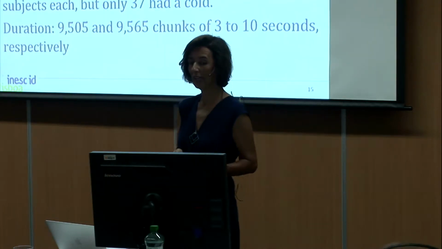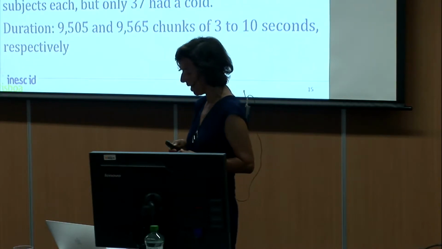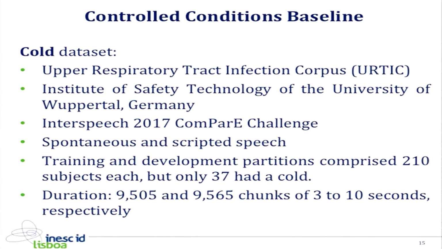We tried to get data that could be available from a challenge. In this case, it was an Interspeech challenge and an AVEC challenge. We tried two different diseases. In fact, we tried three. We tried cold, depression, and Parkinson.